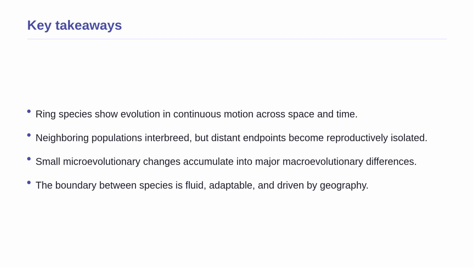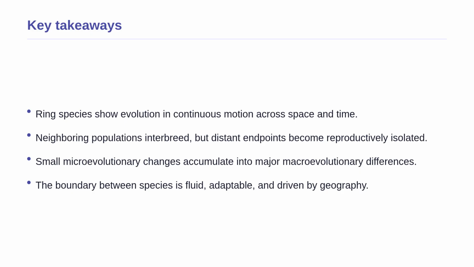As we wrap up, let us review the key takeaways from our exploration of ring species. First, they are a beautiful demonstration of evolution in continuous motion, showing that the boundary between species is not always a hard line. Second, we saw how neighboring populations can easily interbreed, while the distant endpoints cannot.